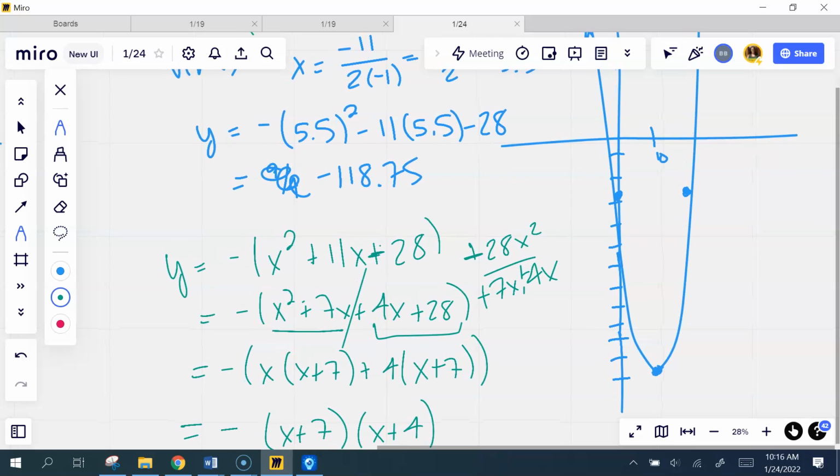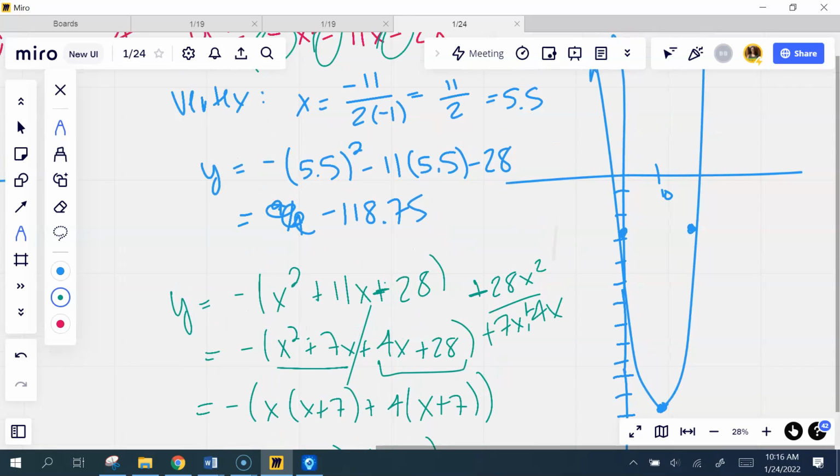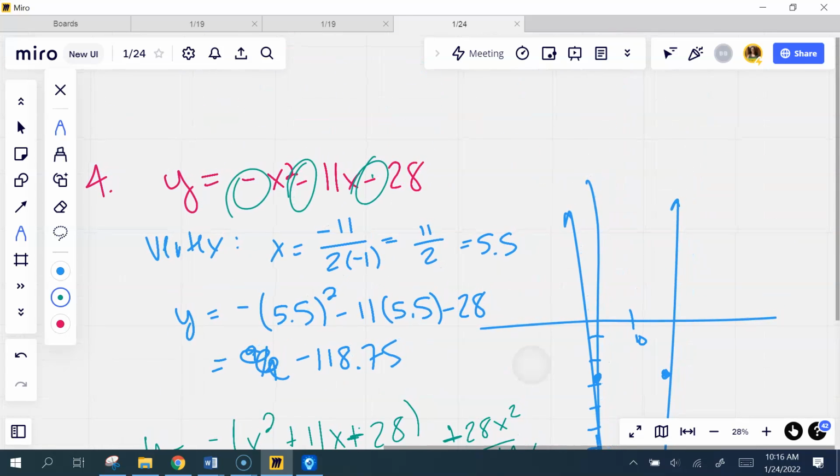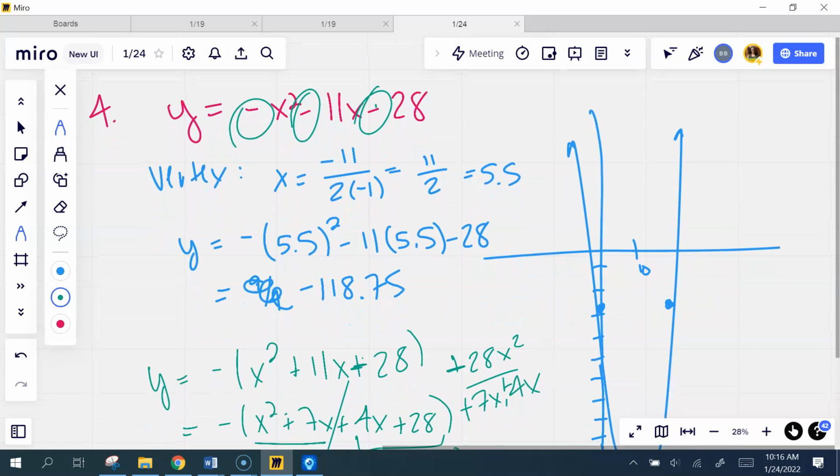It doesn't match my graph. Oh, wait. Where'd I mess up, y'all? Y'all like, I don't know. My graph should be opening down and it's not. Where did we mess up?